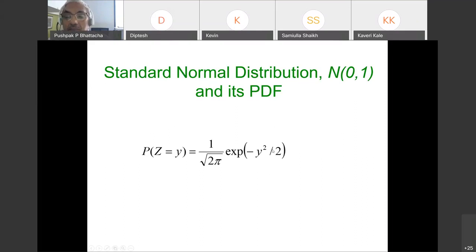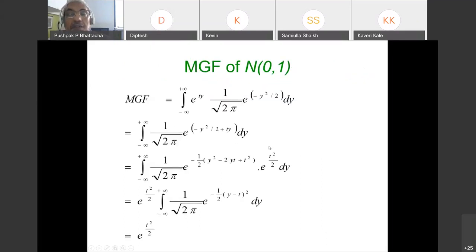The moment generating function of the standard normal variable is the integral from minus infinity to plus infinity of e to the power ty times 1 by root 2 pi e to the power minus y square by 2 dy, that is, the PDF multiplied by e to the power ty and integrated.